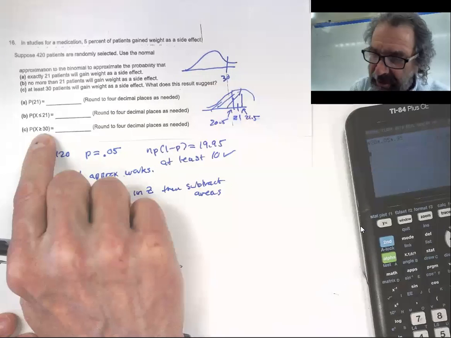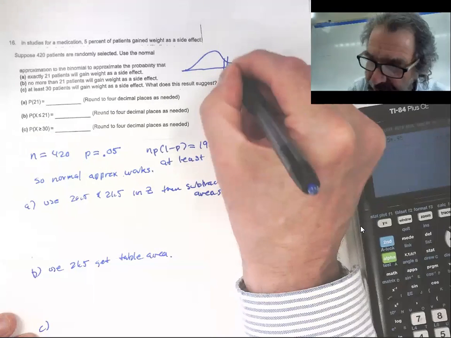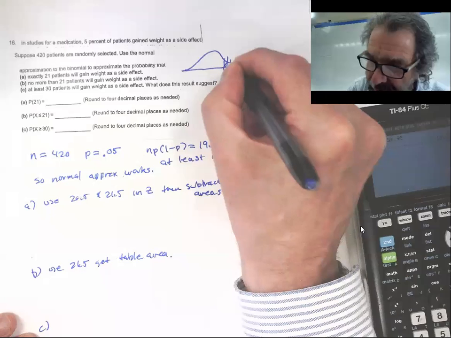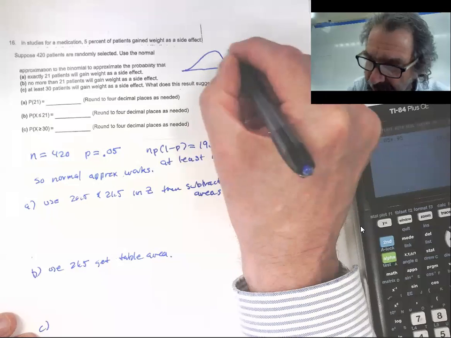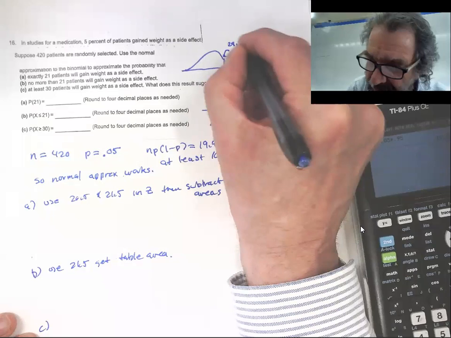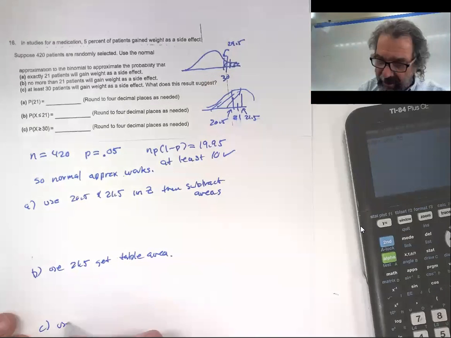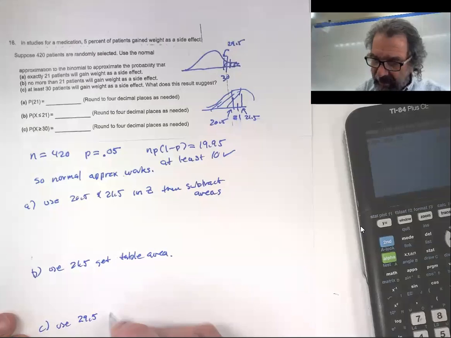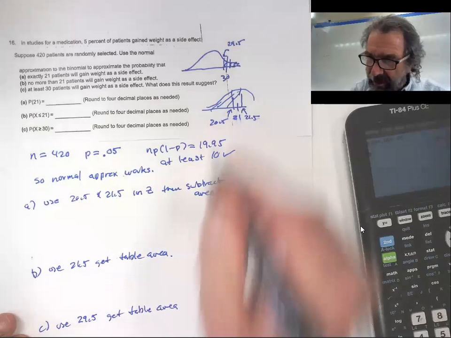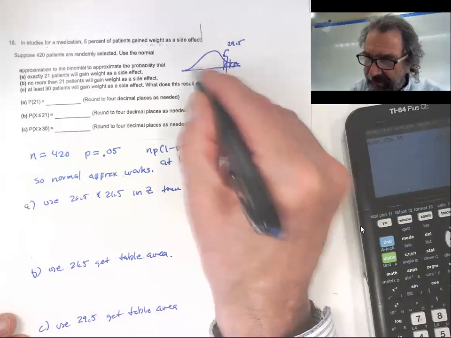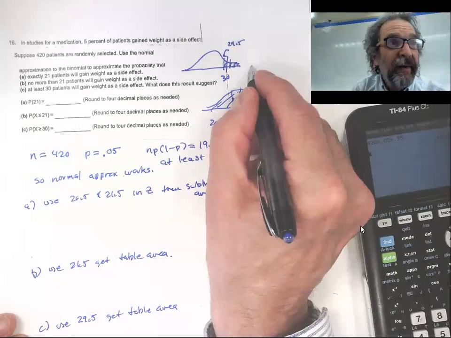I want greater than or equal to 30. So I take the bar over 30 and I'm going to shade to the right like that. So this side is going to be 29.5, a little bit less than 30. So we're going to use 29.5. And we'll get the table area. And then since we're going the wrong direction, the table is this side. We're going to go that way and then subtract from 1.